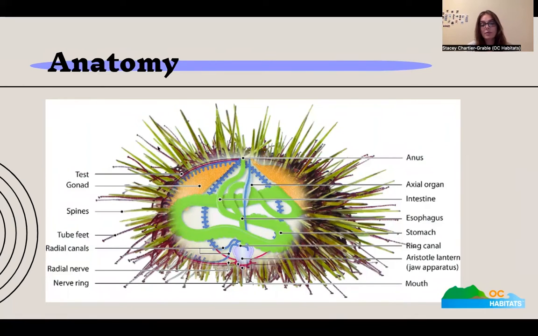The spines are going to be the green. The tube feet are these little suction cups that you can see. They have the radial canals right here that we talked about earlier with their water vascular system. Their mouth is at the bottom of their body, which is known as Aristotle's lantern, and their anus is at the top of their body.